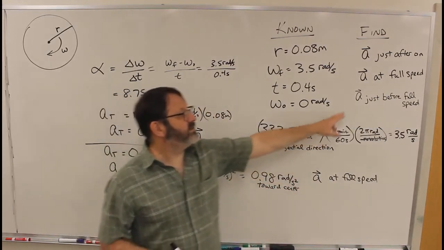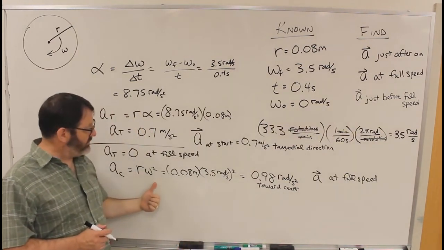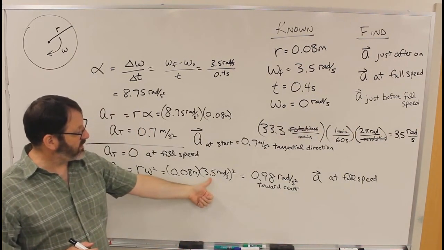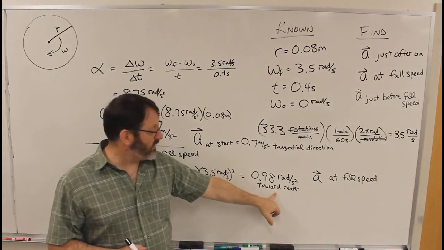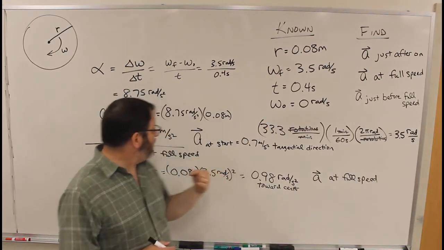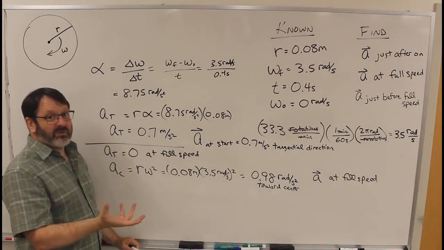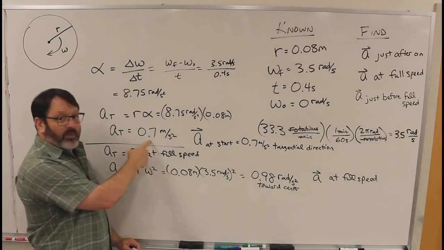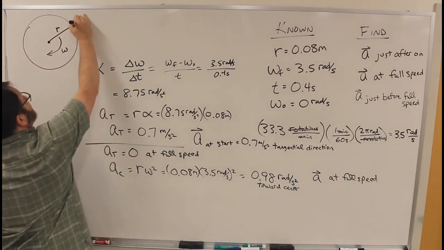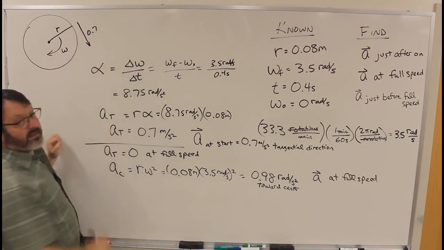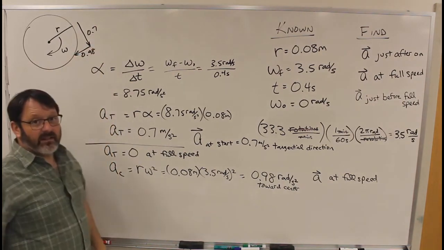What about the third one? Just before it reaches full speed, it's basically moving at this omega that we used here, 3.5 radians per second. So it has a component, 0.98 meters per second squared, toward the center. It also has, it's still increasing, it's not quite there yet, and we're assuming constant acceleration. So it has 0.7 meters per second squared tangentially. So it's got 0.7 this way and 0.98 that way.